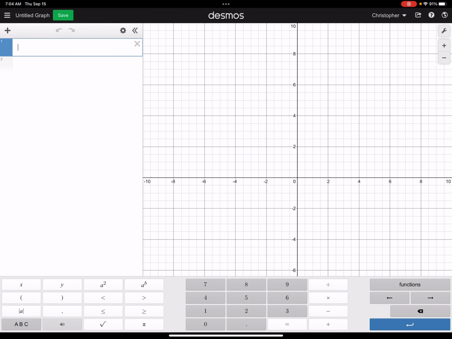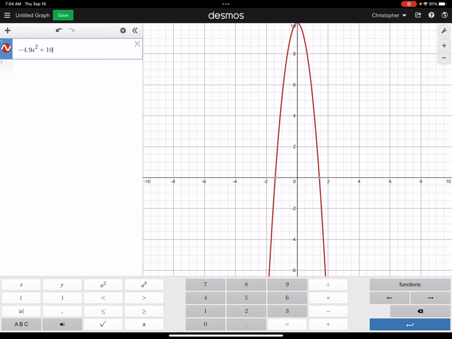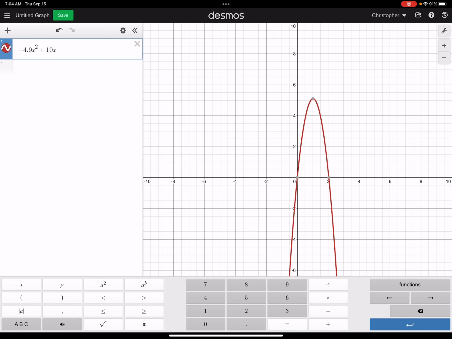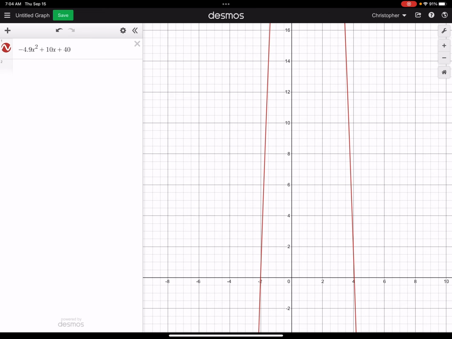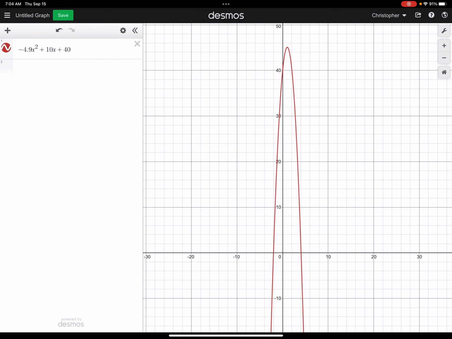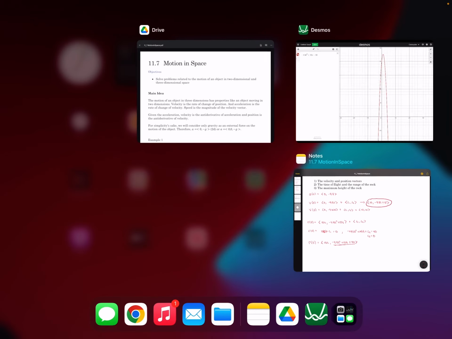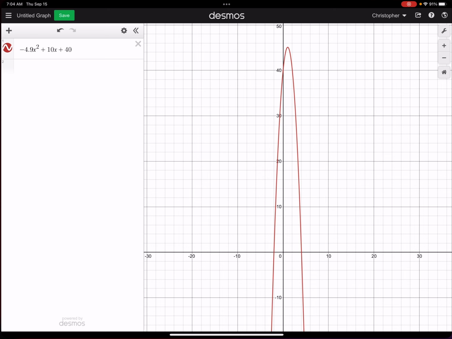Negative 4.9, and we're going to use x instead of t, so x squared plus 10x, was it plus 40? Hold on, did I have the right formula? Yeah, plus 40.